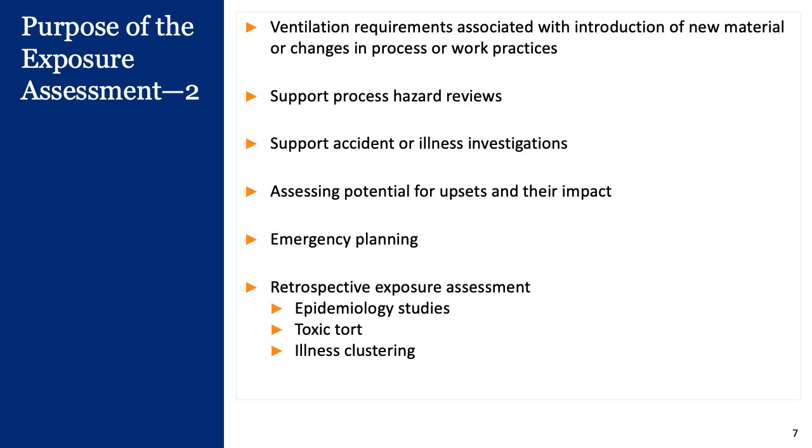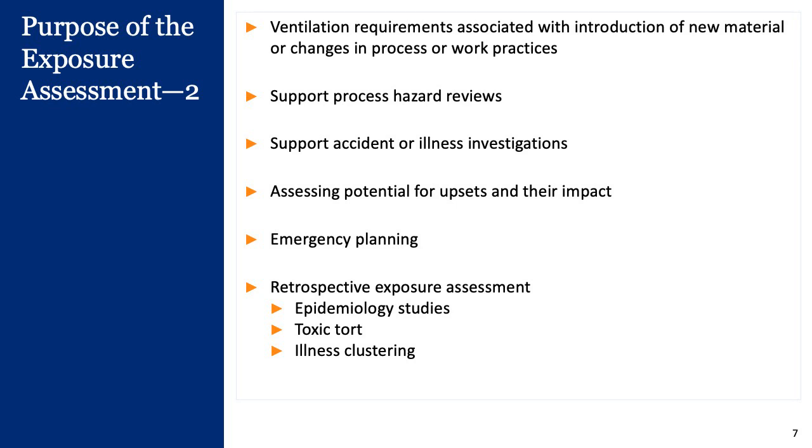You may want to understand the ventilation requirements associated with the introduction of new material or changes in the process or work practices. The exposure assessment can support process hazard reviews, support accident or illness investigations.